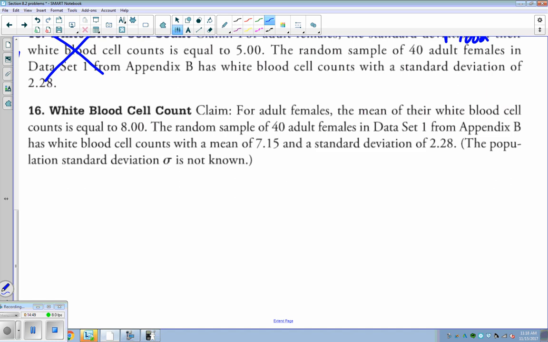White blood cell count. Again, we're going to read the claim, and that's it. Read the claim, write the claim in symbolic form. For adult females, the mean of their white blood cell counts is equal to 8.00.